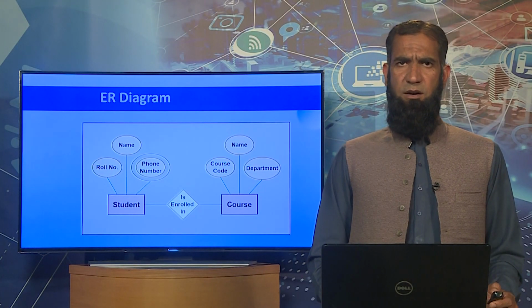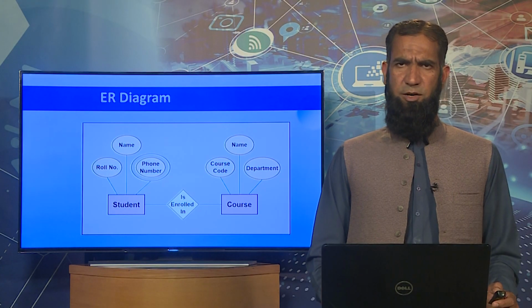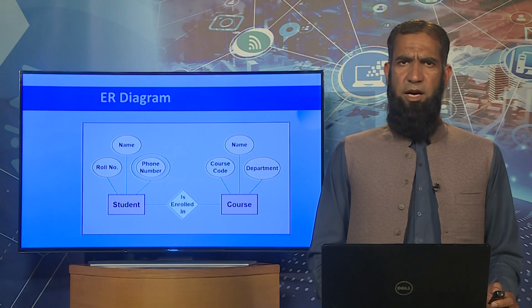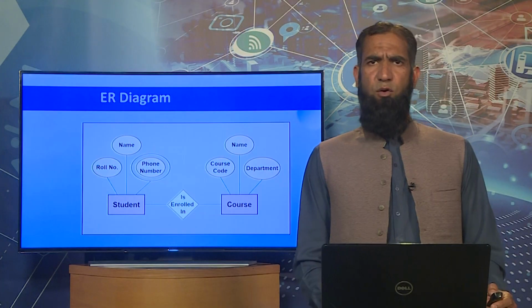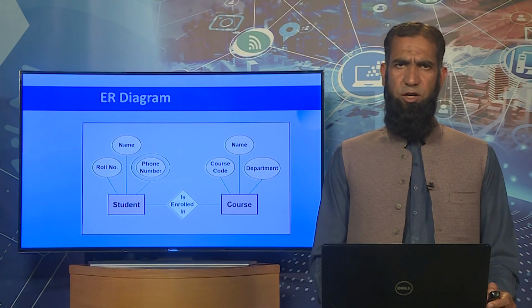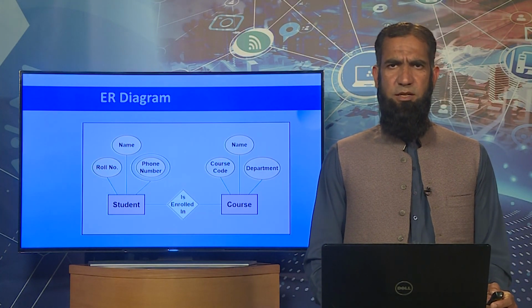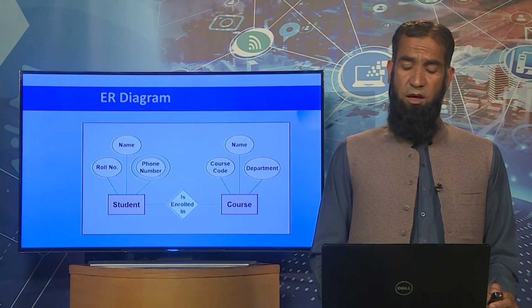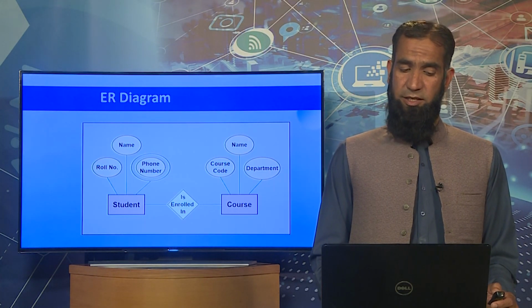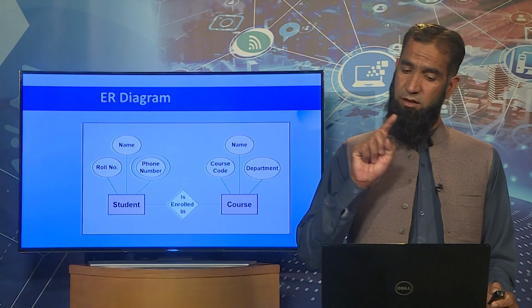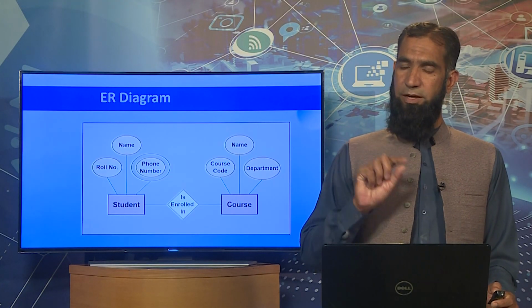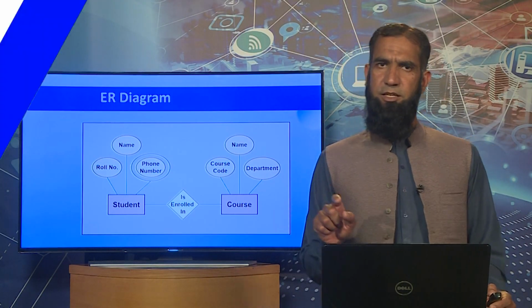Let's explore the entity relationship diagram. An entity relationship diagram visually represents how different entities in a database are related to each other. At design time, we call them entities, and at implementation time, we create tables from these entities.